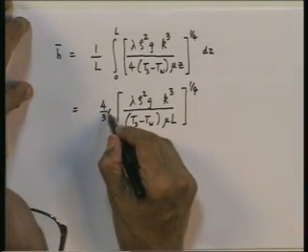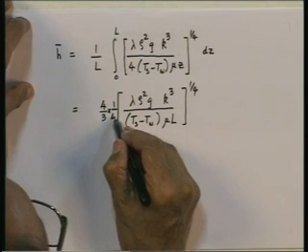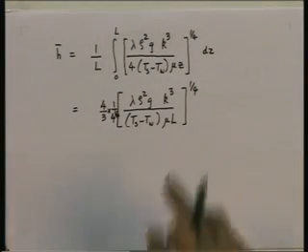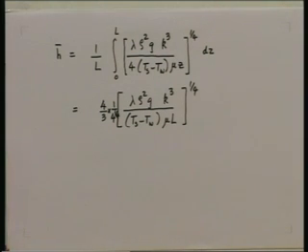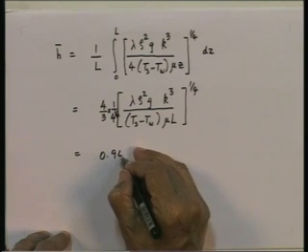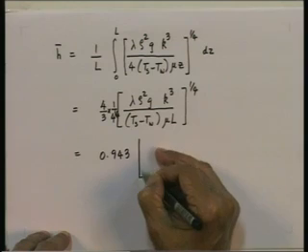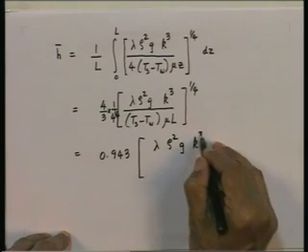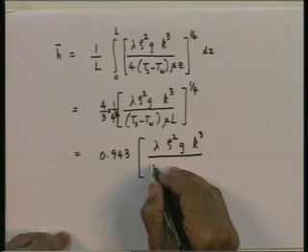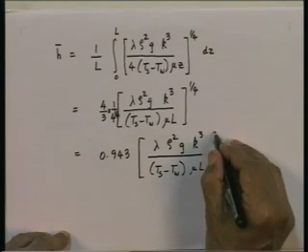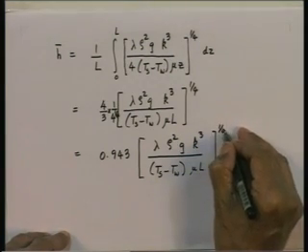Four upon 3 multiplied by, I missed a term here, multiplied by 1 upon 4 to the 1/4 into lambda rho squared g k cubed upon T s minus T w mu L, the whole thing to the power of 1/4, or it gives on simplification you get 0.943 into square bracket lambda rho squared g k cubed divided by T s minus T w mu L, the whole thing to the power of 1/4.